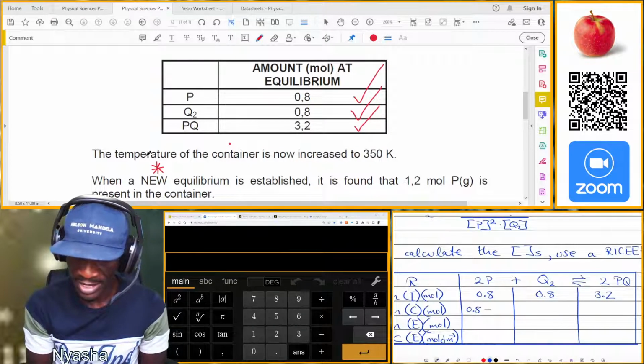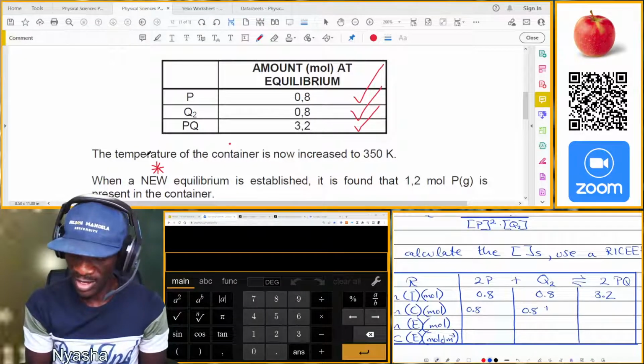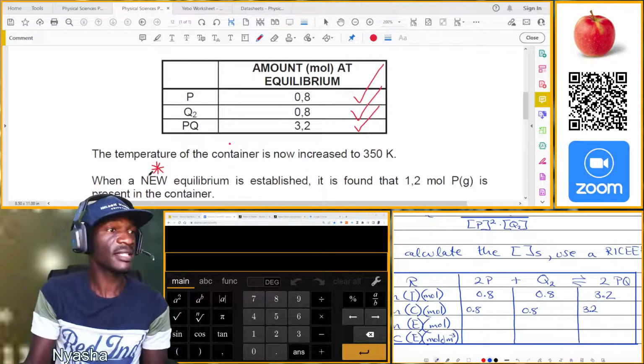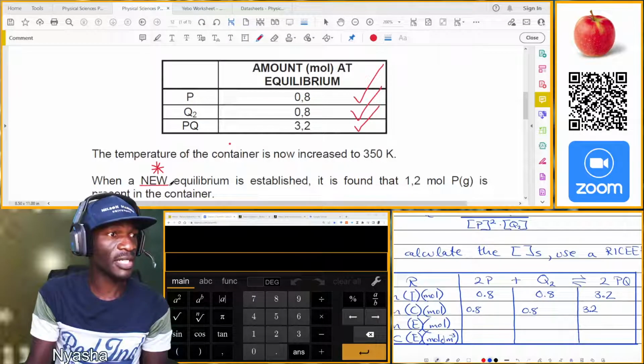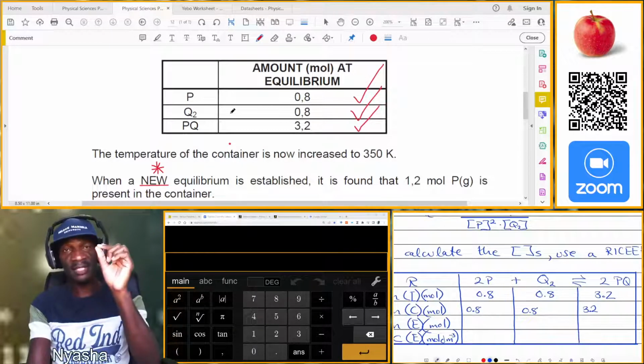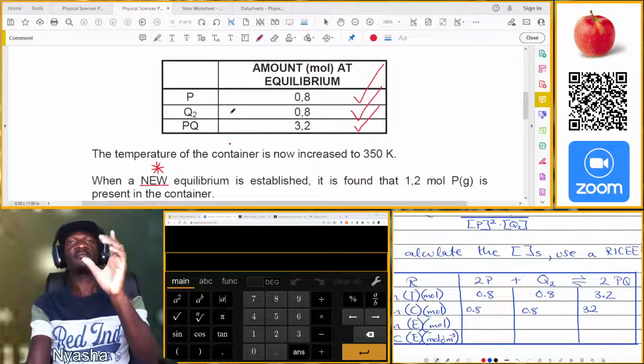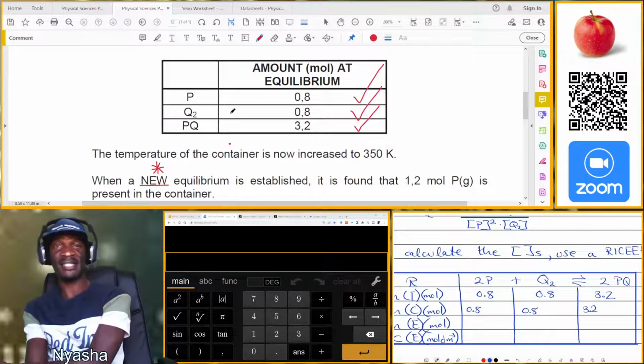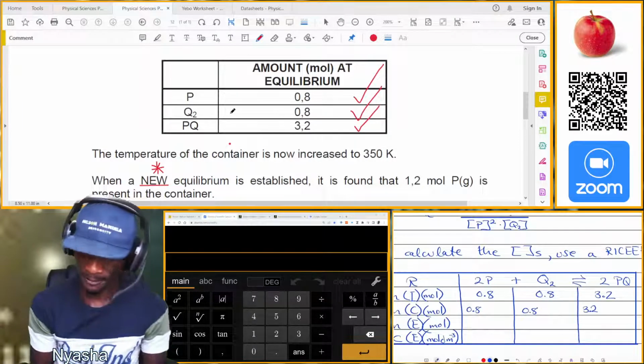We are going to say either plus or minus. I don't know what happens there. Then we are also going to start from 0.8. Whether we'll add or subtract, we'll figure that out. And we'll start from 3.2. So this is a very important keyword that they've written so that you can know that you are not starting from 0 as far as the products are concerned, isn't it?